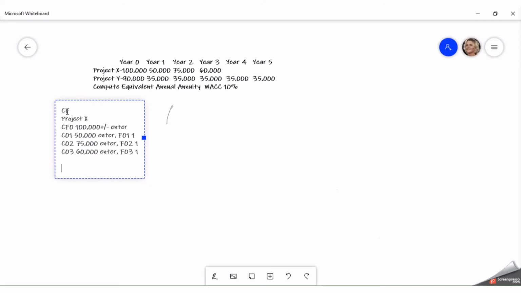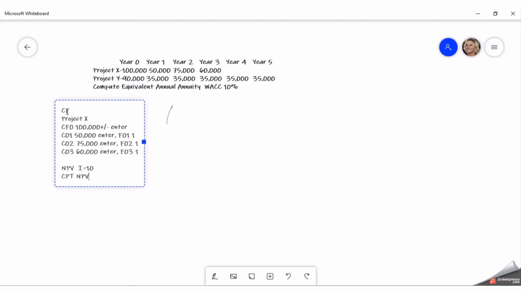Then we'll come over to our net present value, make our I equal to 10, and then compute that net present value. And if I come to my calculator, 100,000, hit the plus or minus button, make it negative, push enter, arrow down, 50,000, push enter, frequency of 1, 75,000, push enter, frequency of 1, and then a 60,000, push enter, frequency of 1.